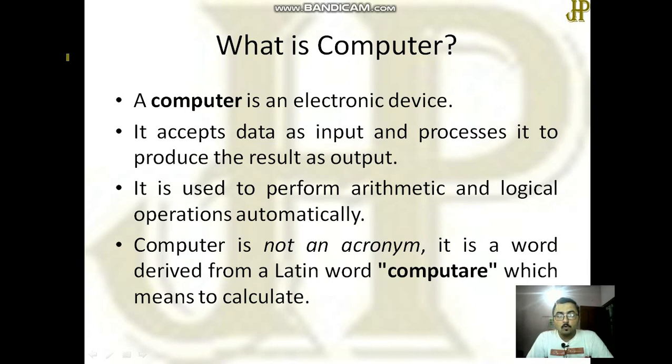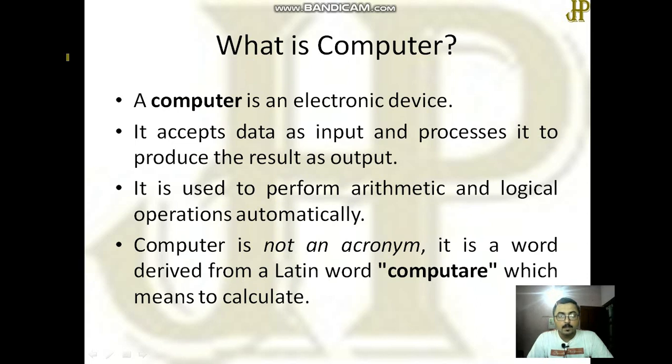Here, arithmetic means all the mathematical formulation like addition, multiplication, etc. and logical operation means all the comparison based operations like less than, greater than, etc. So, the basic idea is a computer is an electronic device that is used to perform arithmetic and logical operations.